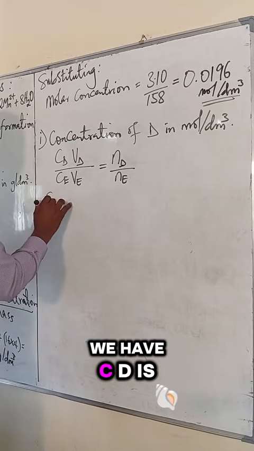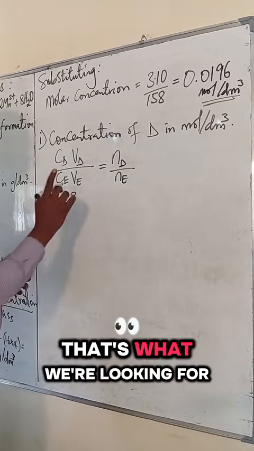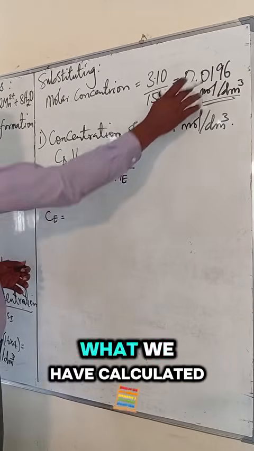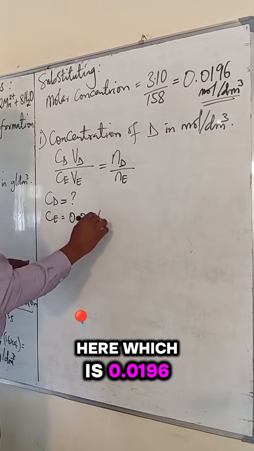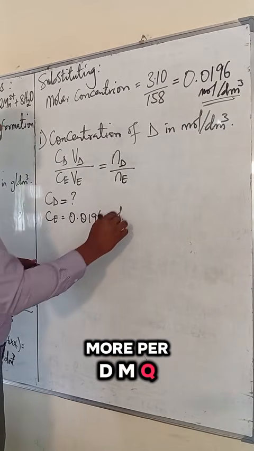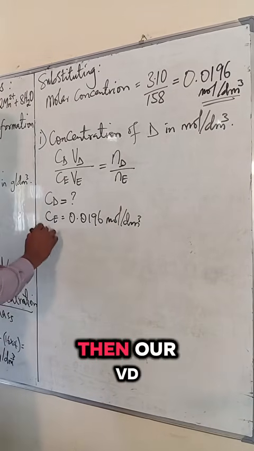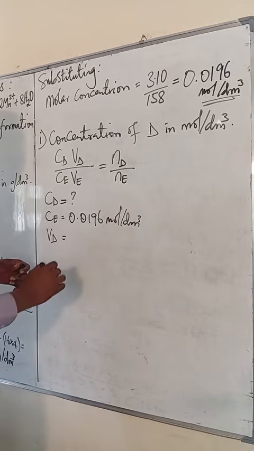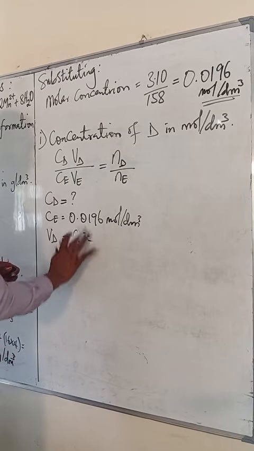We have CD is equal to, that's what we're looking for. Then CE is what we have calculated here, which is 0.0196 mole per dm cube. Then VD is the volume of pipette.